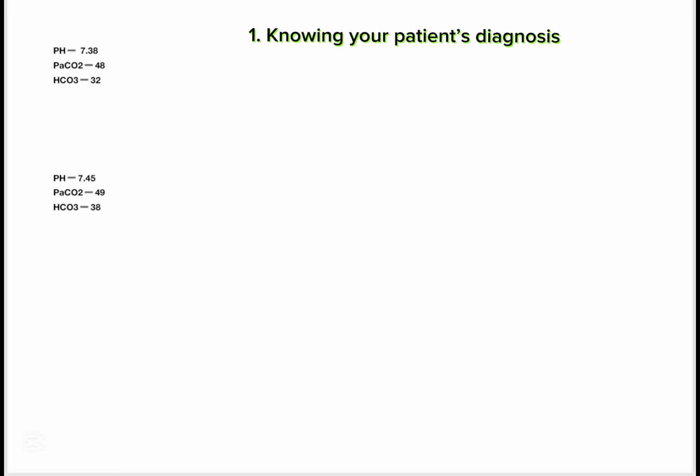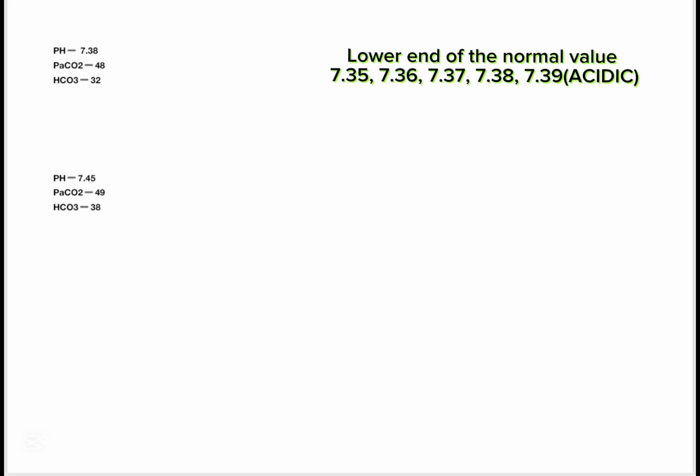The second way you can know this is by knowing the acidic side and alkalotic side. Here, the normal range is 7.35 to 7.45, but there's something we call the lower end of the normal value, and something we call the higher end of the normal value. 7.35 to 7.39 is still the lower end of the normal value, so that is still going to be said to be acidic.